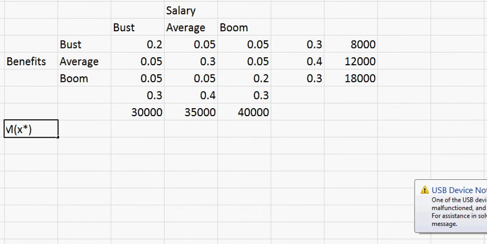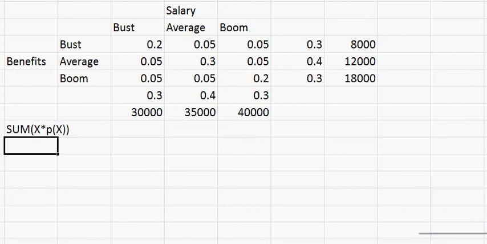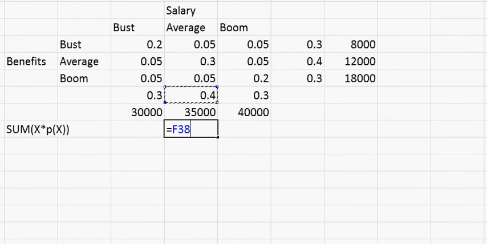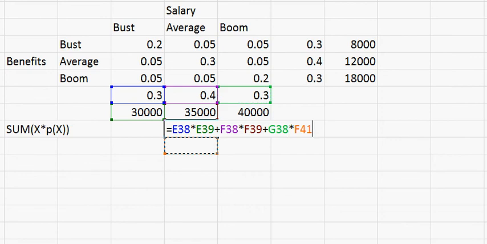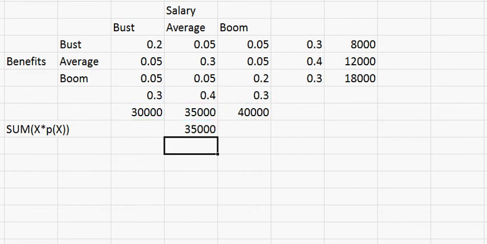The other one is for variance. So we find the expectation of x: probability times x, summed up. Probability times x plus probability times x. So there's our expected salary.